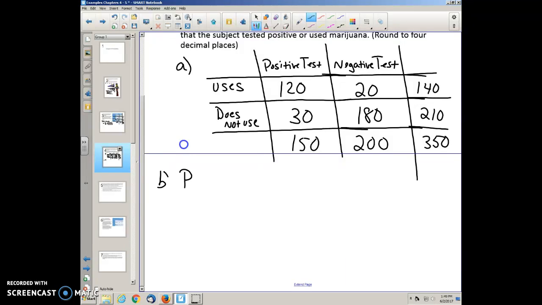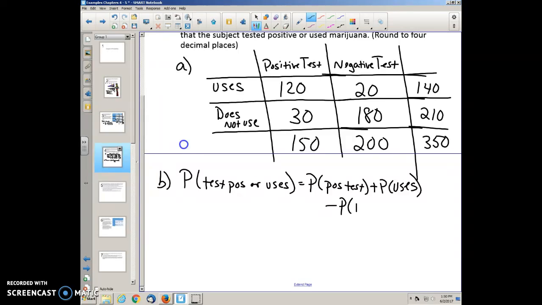So probability, this is B, test positive or uses is going to equal probability of a positive test plus probability uses minus probability positive and uses.